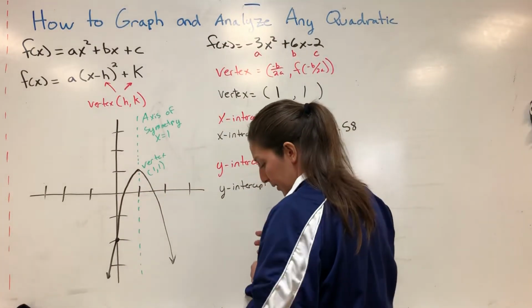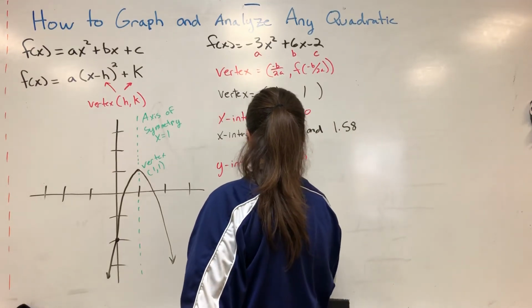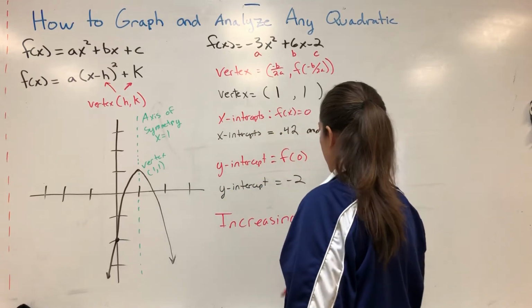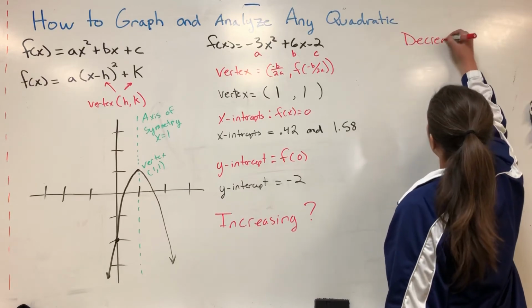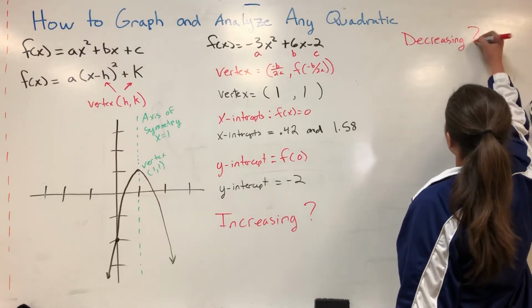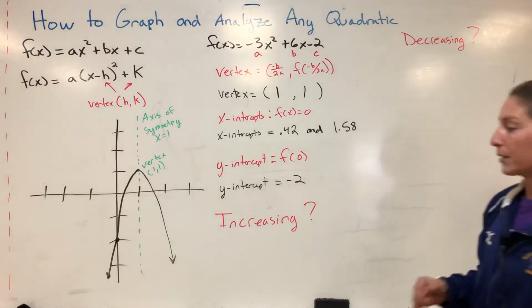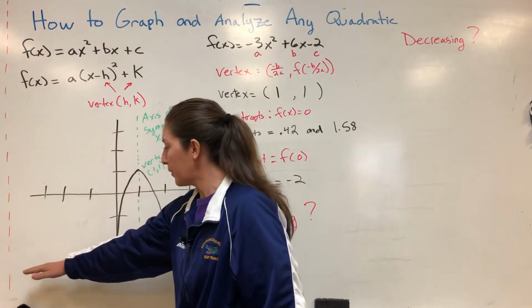Like, for instance, where are we increasing, and where are we decreasing? These are all x intervals. So my graph is increasing if I'm coming in from the left.